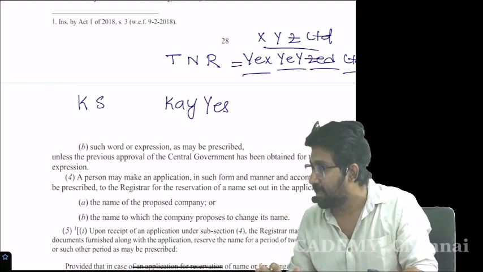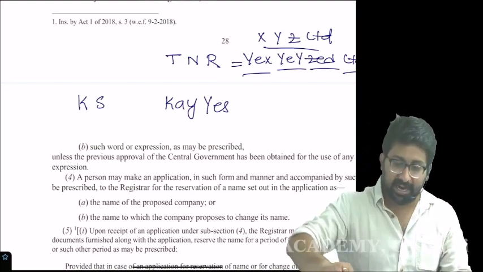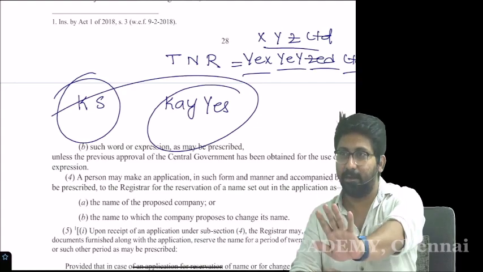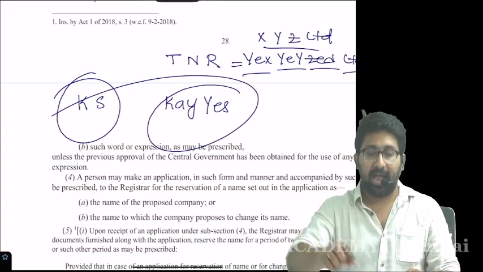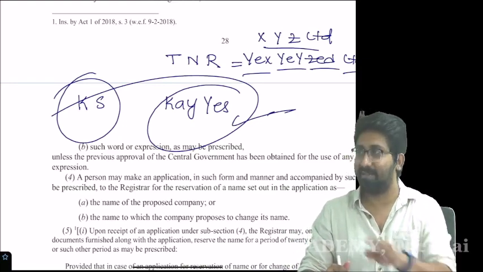Clear everyone? Say for example you take KS Academy, this is a very good institute, and this other one is a very bad institute. Now, in this KS, I collected fees and ran away to Hyderabad. Example.